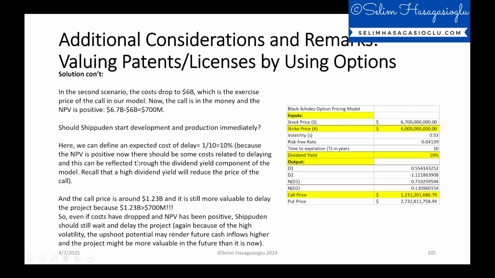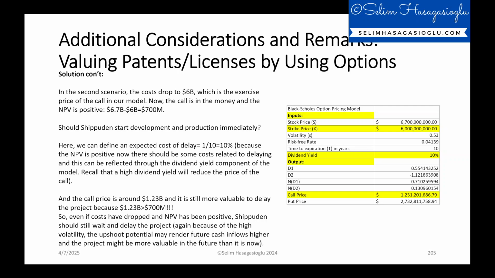Here we can define an expected cost of delay, 1 over 10. Remember, time to expiration was 10, so that's why I used 1 over 10, 10%, because the net present value is positive. Now, there should be some costs related to delaying, and this can be reflected through the dividend yield component of the model. Recall that a high dividend yield will reduce the price of the call.